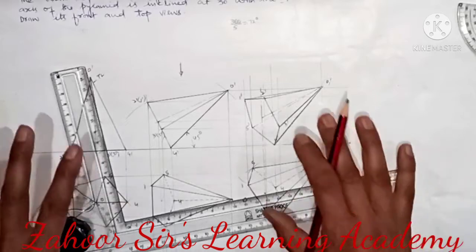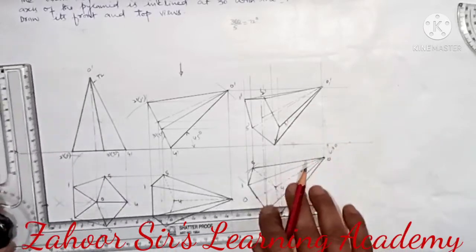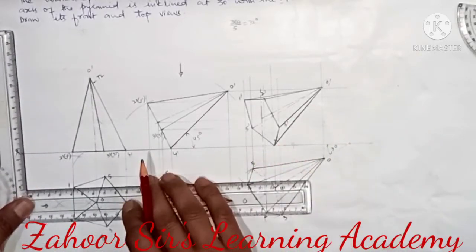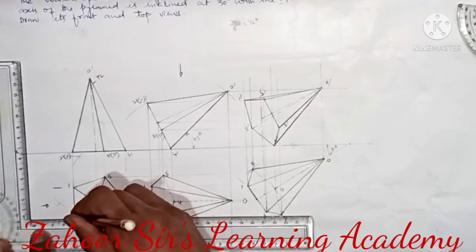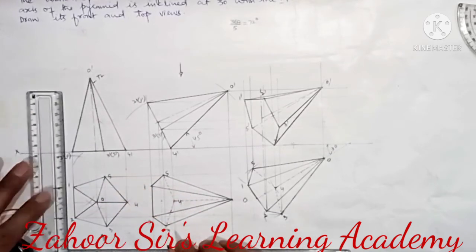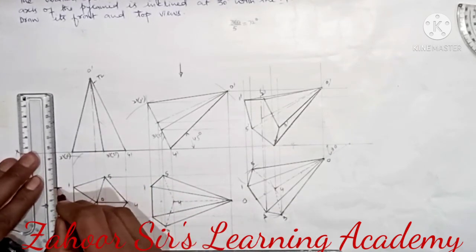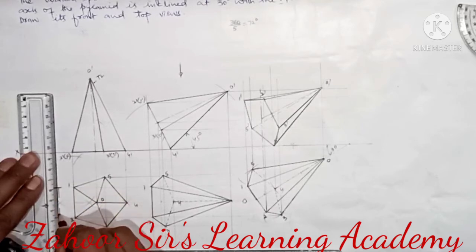Now after drawing these, we can give the dimensions here. I'll show how to give the dimensions. So this will give the extension line, then we can draw its dimensions, the major ones only.